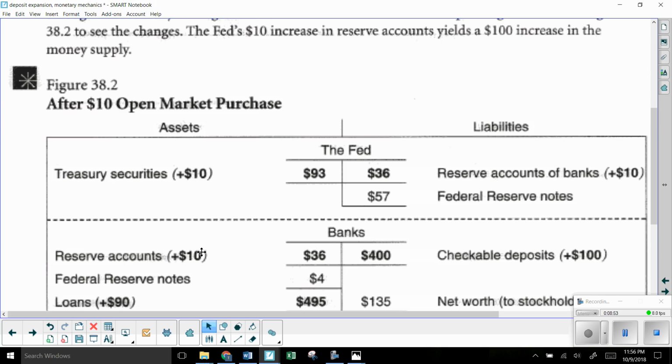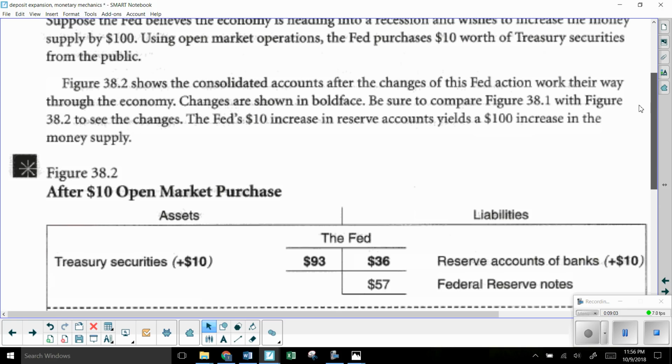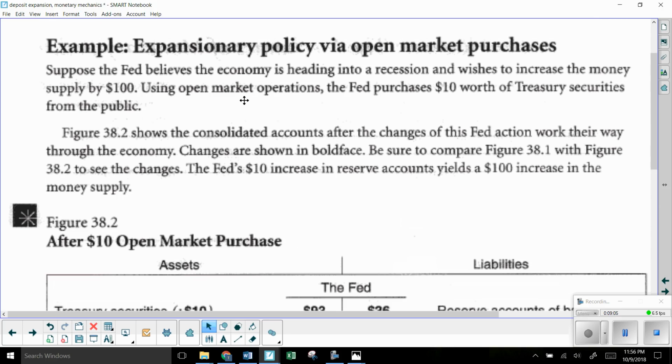And then you can look at all the bolded values here and see exactly how much did they increase or decrease by. And you'll notice that at the end, they ended up juicing up the money supply. This was expansionary monetary policy, and they wanted to increase the money supply by $100.